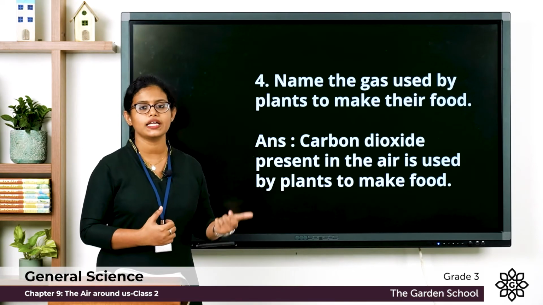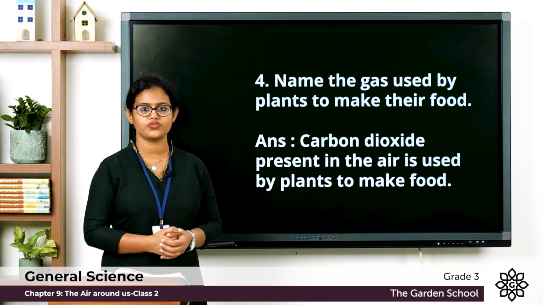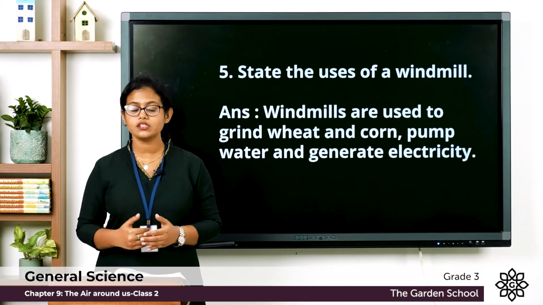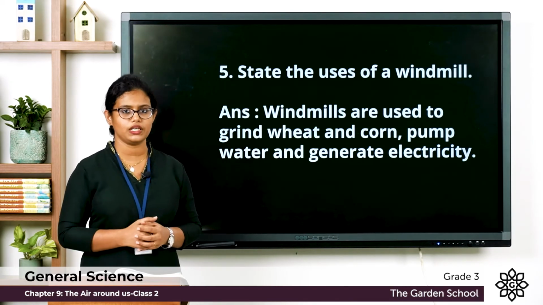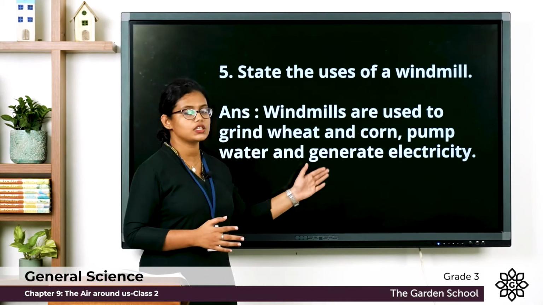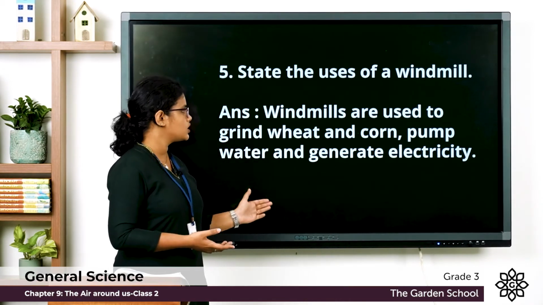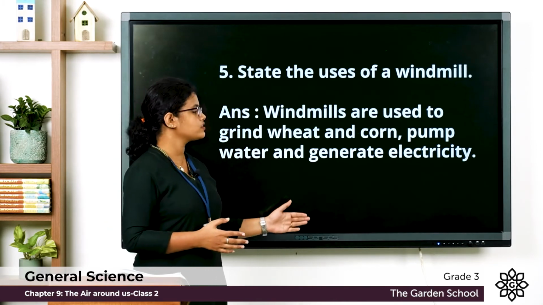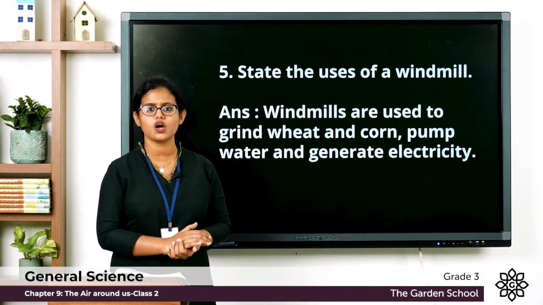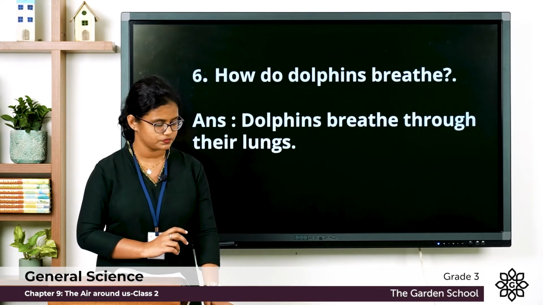See the fifth one. State the uses of windmill. Windmills are used to grind wheat and corn. It is used to pump water and to generate electricity. So these are the uses of windmills.